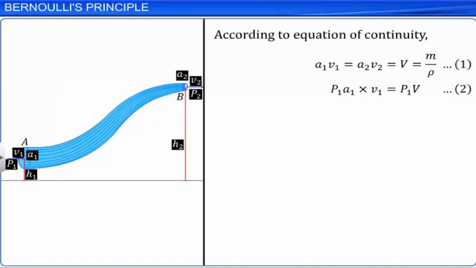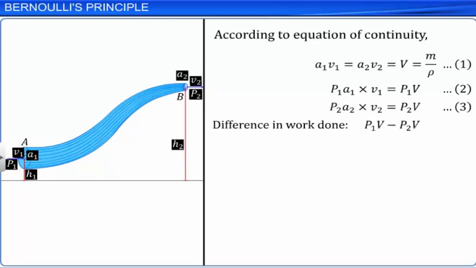Similarly, the work done per second on the liquid element against the force due to pressure at B is expressed as P2A2V2 is equal to P2V. Let this be equation 3. The difference in the work done on the liquid element in moving from A to B is expressed as P1V minus P2V. Let this be equation 4.